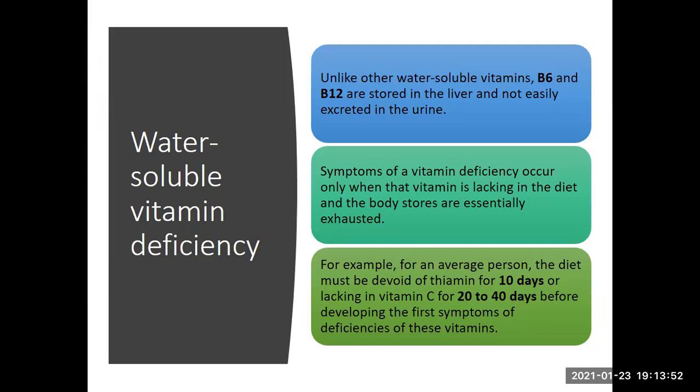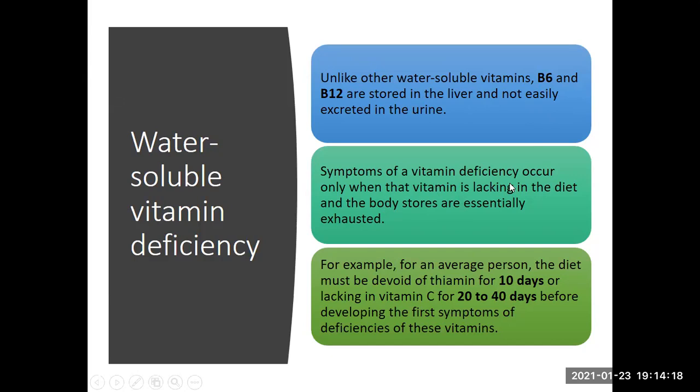Water-soluble vitamins deficiency. Unlike other water-soluble vitamins, vitamin B6 and B12 can be stored in the liver. So not all the B vitamins, which are water-soluble, are secreted in urine. Some of them will stay inside our body and reach toxic levels if eaten in large amounts, like B6 and B12.